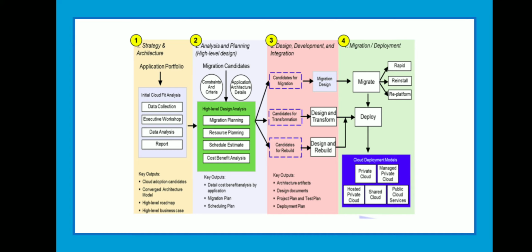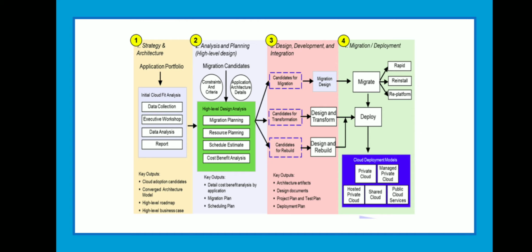From the analysis and planning perspective, which is the second pillar in the migration framework, it is more of a high level design of the migration. It involves these activities, where you need to plan the migration. You have to do the effort estimation, schedule estimation, and the cost benefit analysis.